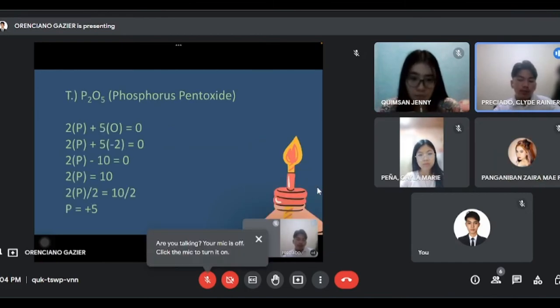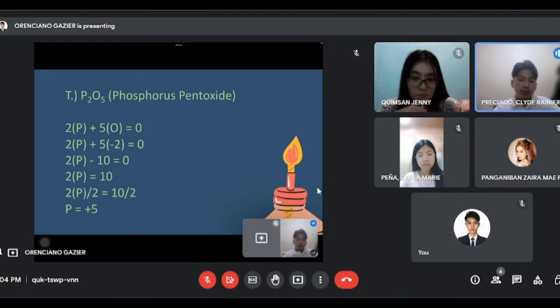T, we have phosphorus pentoxide. In this one, we have phosphorus with 2 atoms and oxygen with 5 atoms. In here, we're going to find the oxidation number for phosphorus. 2 times phosphorus plus 5 atoms of oxygen is equals to 0. Then 2 atoms times phosphorus plus 5 times the negative charge of 2 is equal to 0.